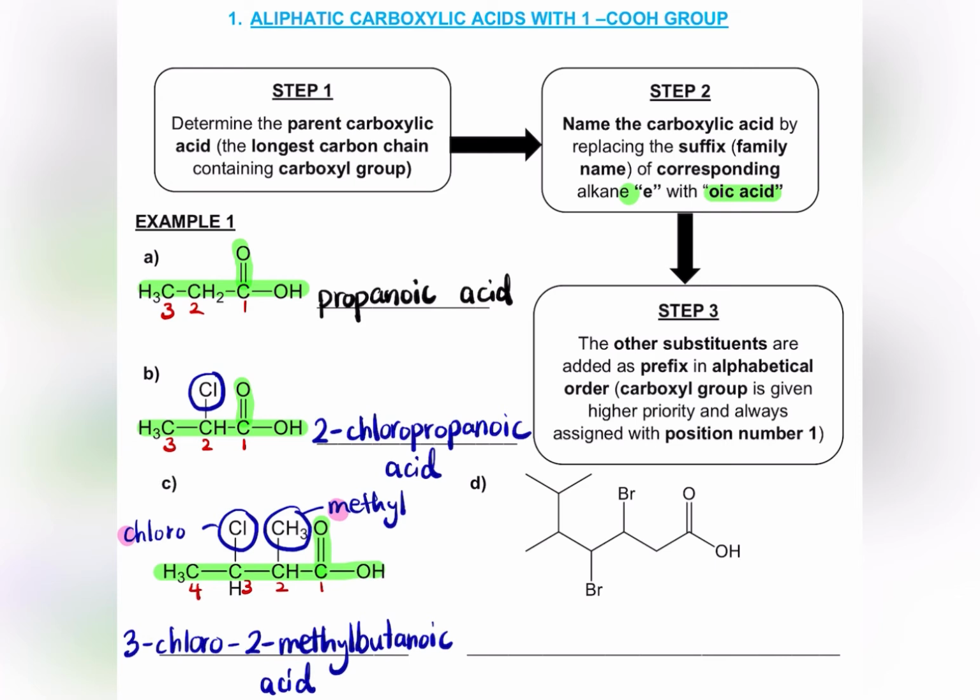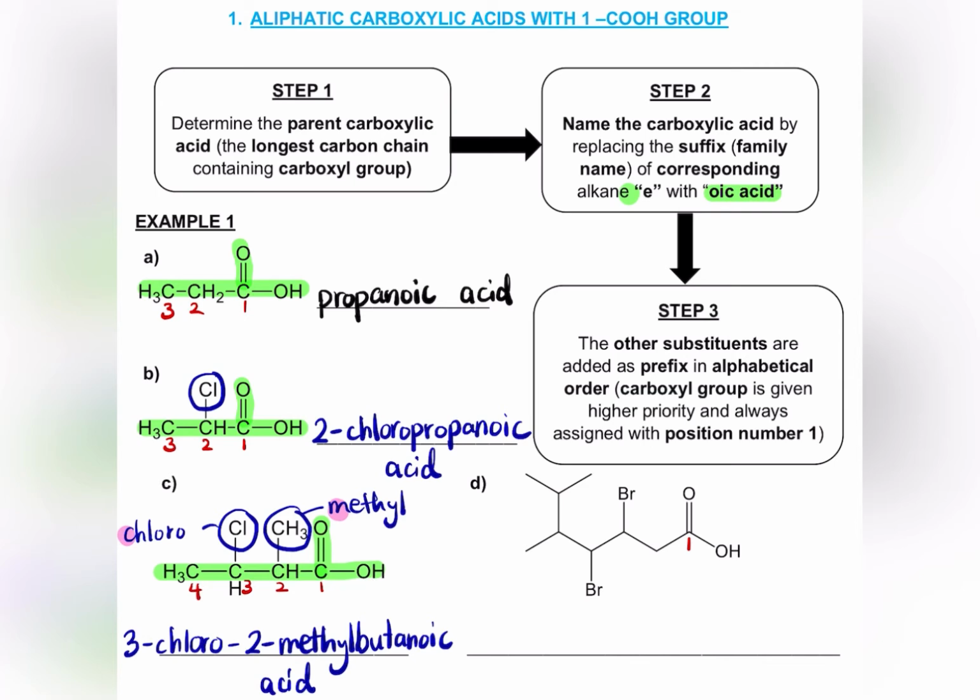Let's continue with the last structure D. I have here, is it in skeletal structure? So don't forget to follow the step. I'm going to determine my parent chain. So let's see which one the carbon that holds the carboxyl group. As you see here, this is it. So this one will be your carboxyl group, automatically this carbon will be number 1.